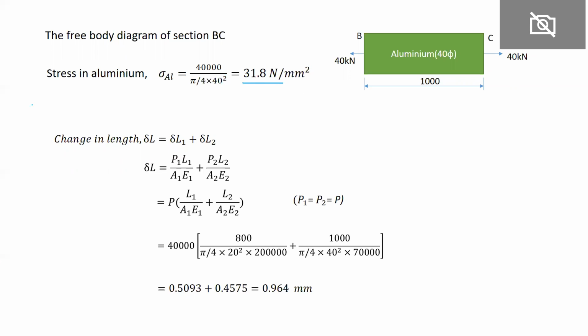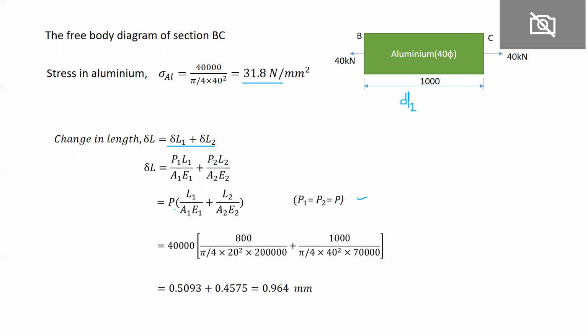So as usual, second step. Total elongation is equal to elongation in member 1, so this is delta L2, and in the previous case that is delta L1. So total elongation is equal to delta L1 plus delta L2. Now you substitute delta L1 is equal to P1 L1 into A1 E1. Because here the same force is acting on both the members, P1 is equal to P2 is equal to P. So therefore you can rewrite this equation.